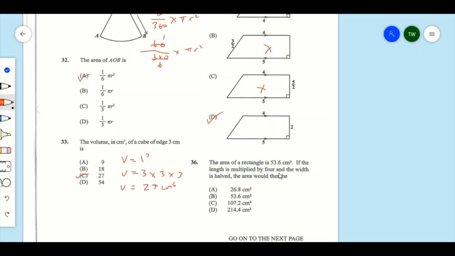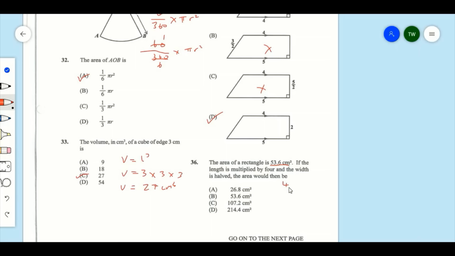Then they give us the area, which is 53.6 square centimeters. They tell us that we're going to multiply the length by 4, and the width is going to be half.